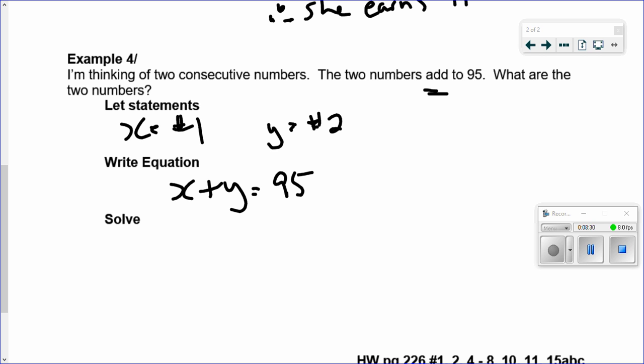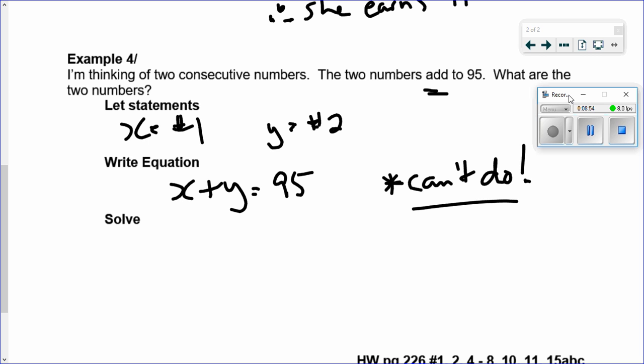Now, the second part to recognize, this is unsolvable. Okay? We cannot solve one equation with two unknowns. So you have to make one of the numbers in terms of the other.